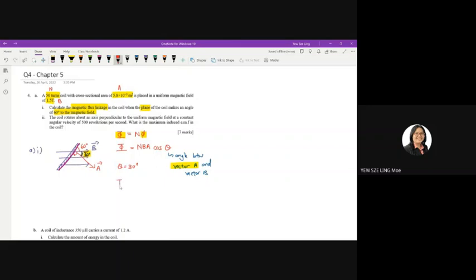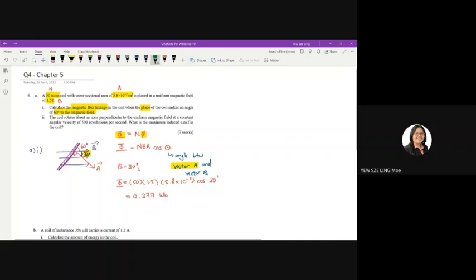So calculate the answer right now. We have flux linkage equals N is 50, B is 1.5, surface area given 5.8 times 10 to the power of -3, and then cos 30 degrees. If you got it right, you should get 0.377 Weber.